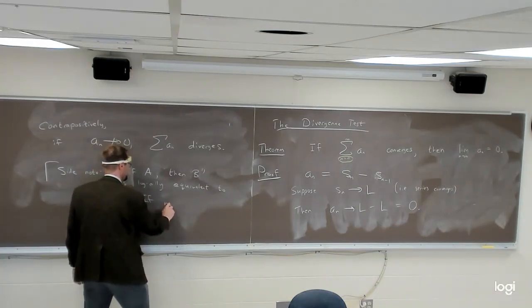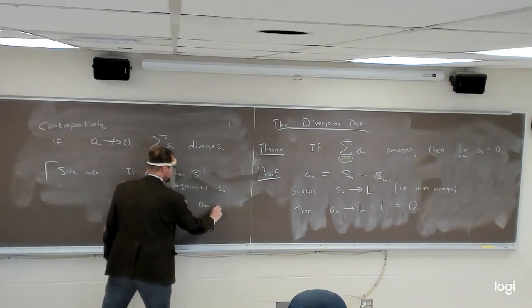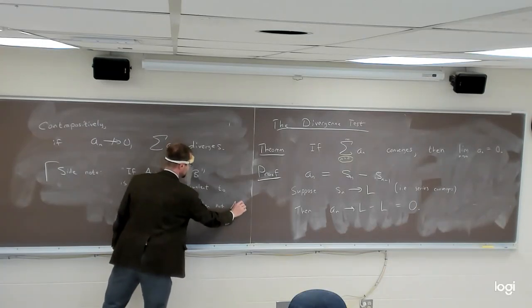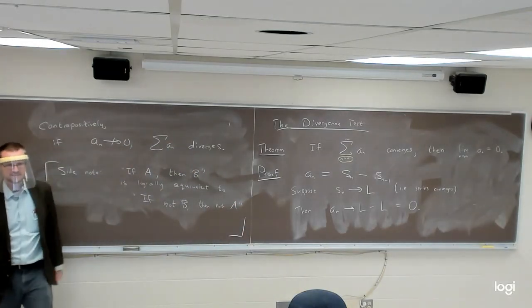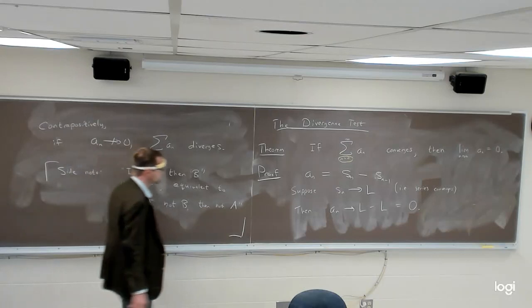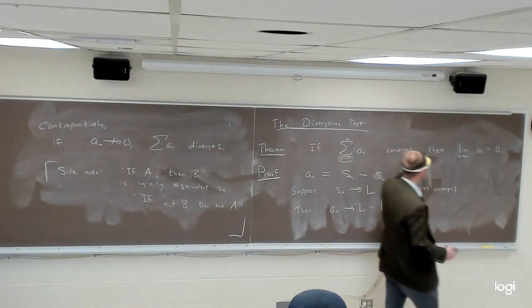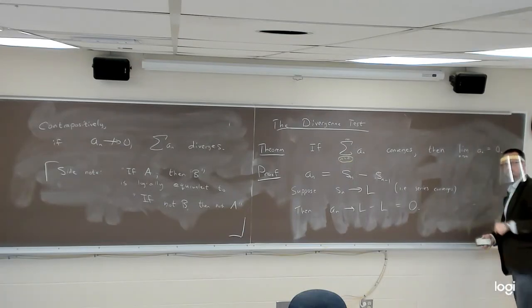If not B, then not A. These two statements are said to be contrapositives of each other, and contrapositives have the same meaning. They're asserting the same thing. So if converged, then limit 0. Contrapositive: if not limit 0, not converged.